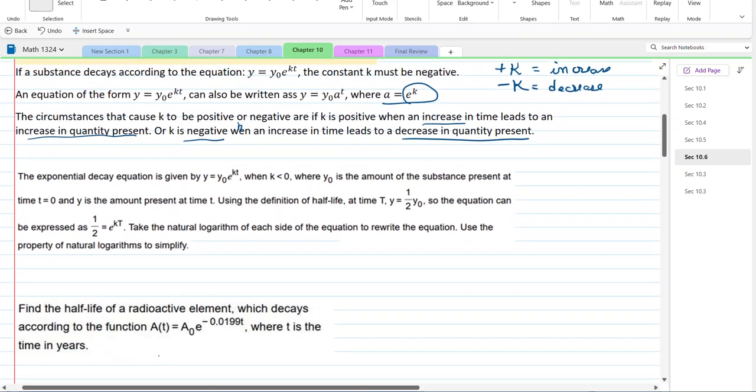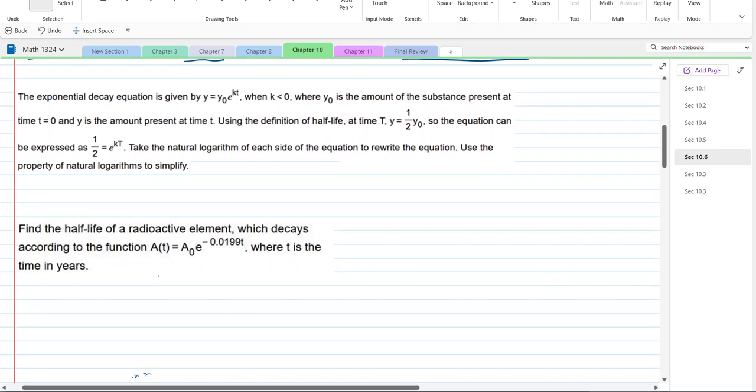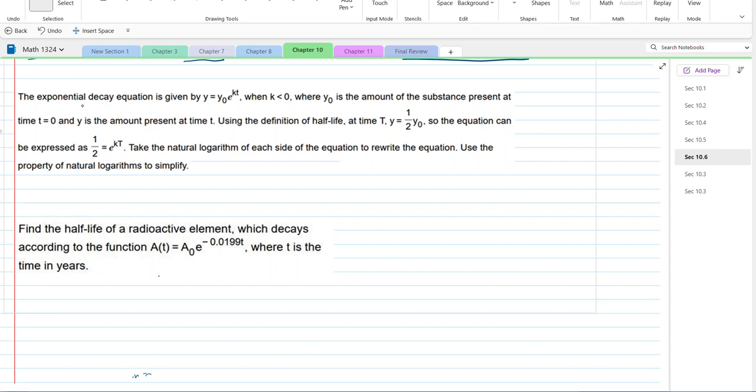So here we have our first exposure to it. All right. So the exponential decay equation of y equals y sub o e to the kt when k is less than 0, where y sub o is the amount of substance present at the time t equals 0, and y is the amount present at the time of t. Using the definition of half-life, at capital T, y equals 1/2 y sub o.